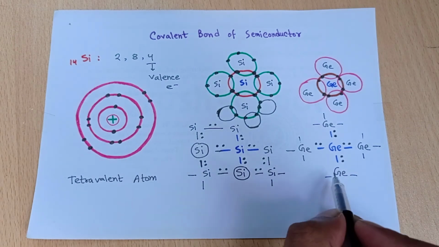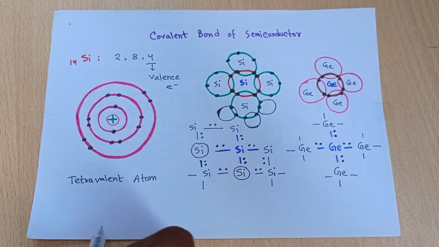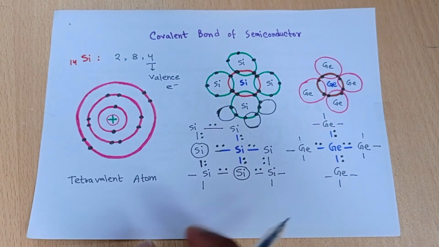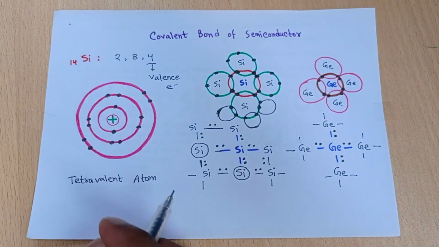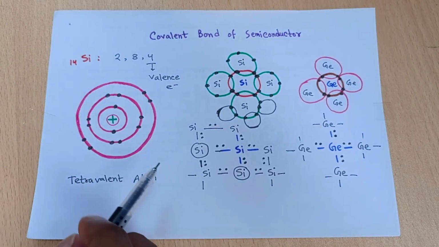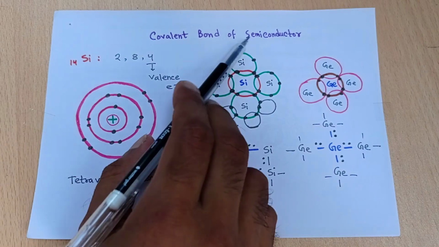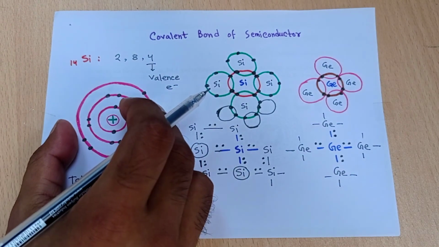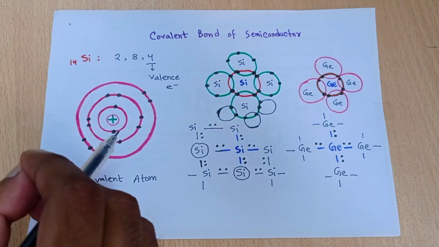We can replace this germanium with silicon, because silicon also has four hands. So this is how the covalent bond is made by using the sharing technique of electrons. The covalent bond is built in a semiconductor. Each semiconductor contains four valence electrons.